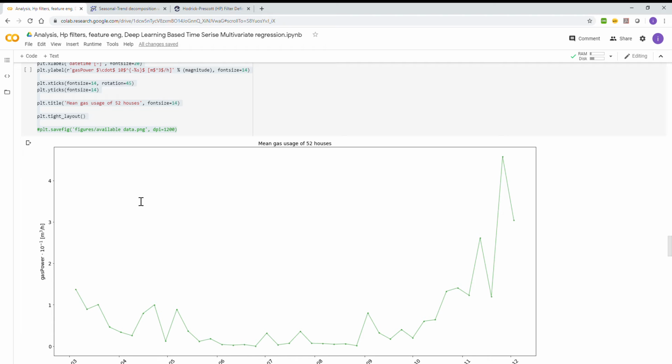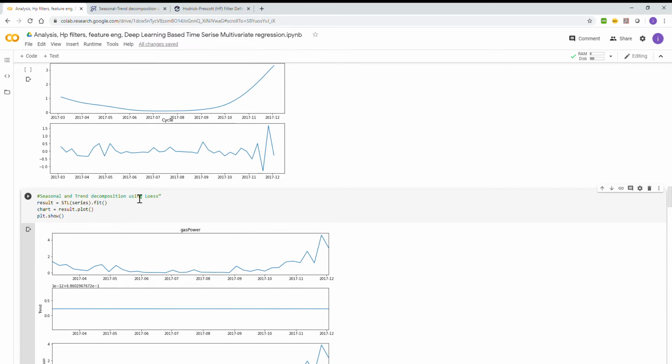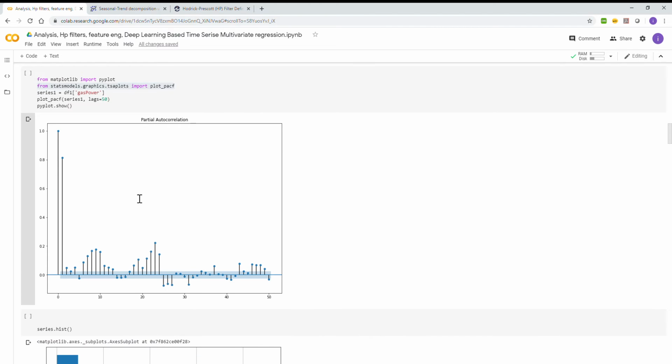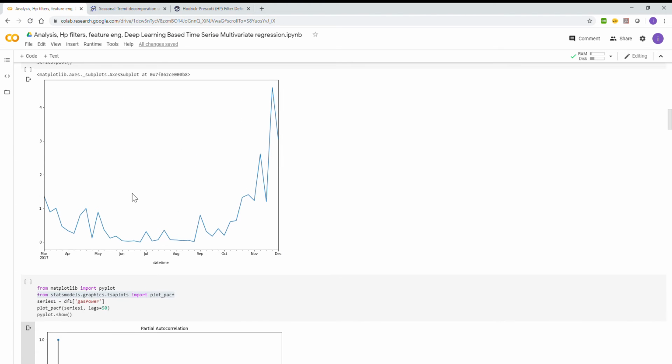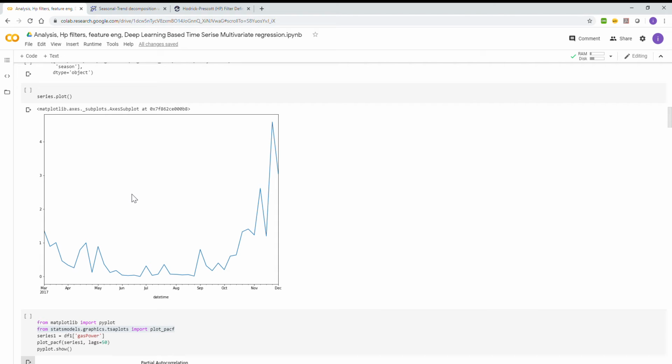If you do not want to use the lagged values of these months and you want to directly go ahead and predict, then you can use PACF, which removes those indirect lag values or indirect effects.